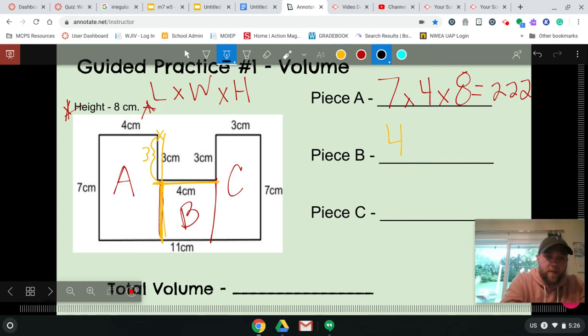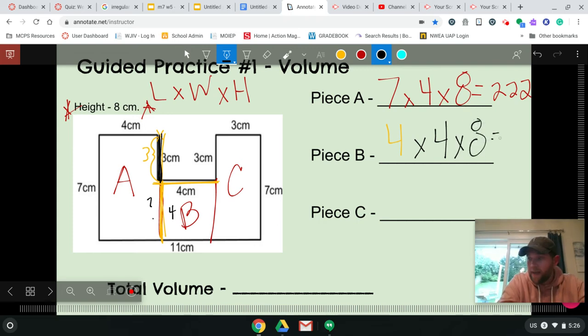So if this piece is 3, and 3 plus whatever this number is has to equal 7, that means this missing side is 4. So I'm going to multiply 4 times our height, which is 8, and that gives us 128.